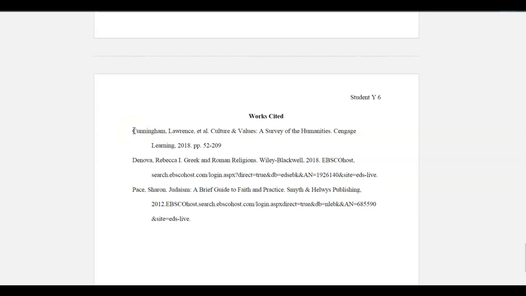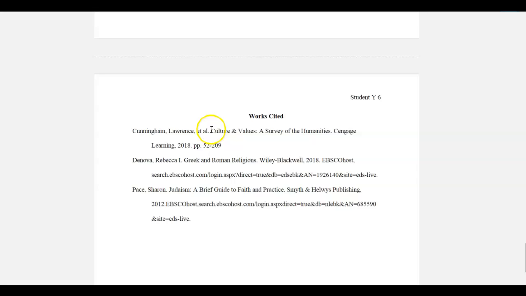The first line of an entry goes against the left margin, and then when you have a second line, you tab over once and put it in. You'll see this is done here as well with DeNova. And this title actually right here should have been in quotation marks.